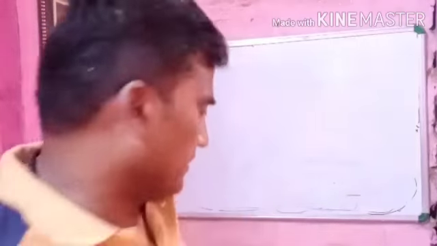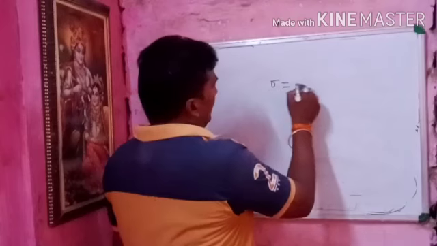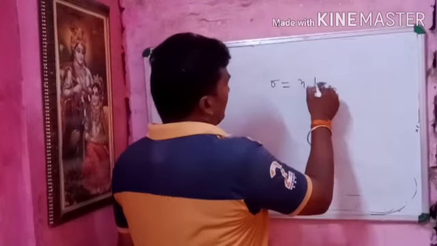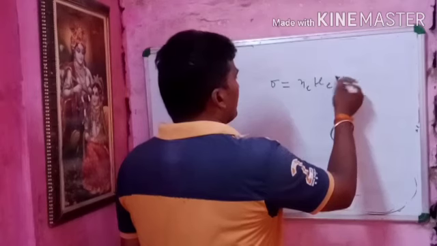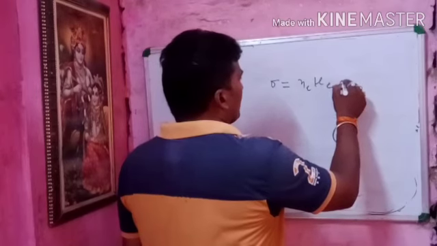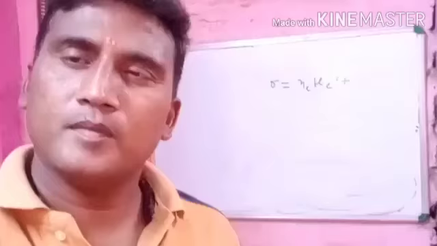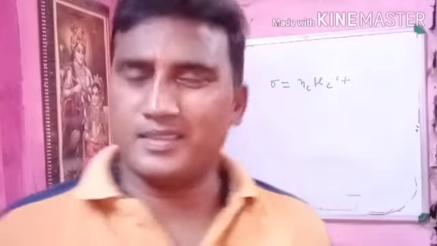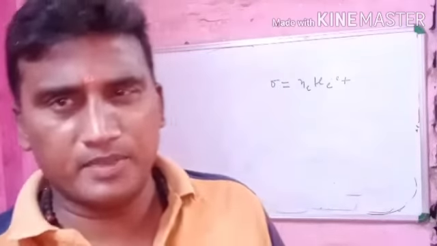The electrical conductivity in terms of semiconductors can be easily written. In semiconductors, the numbers of holes and electrons, we can write in that form.